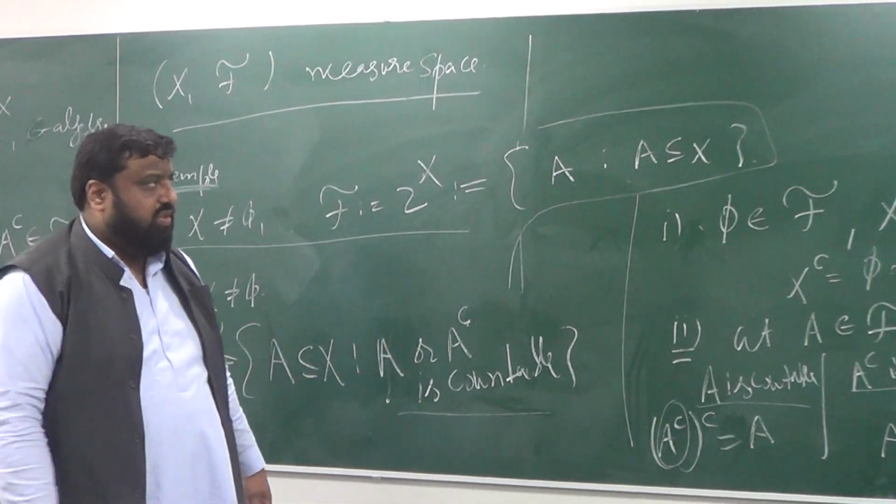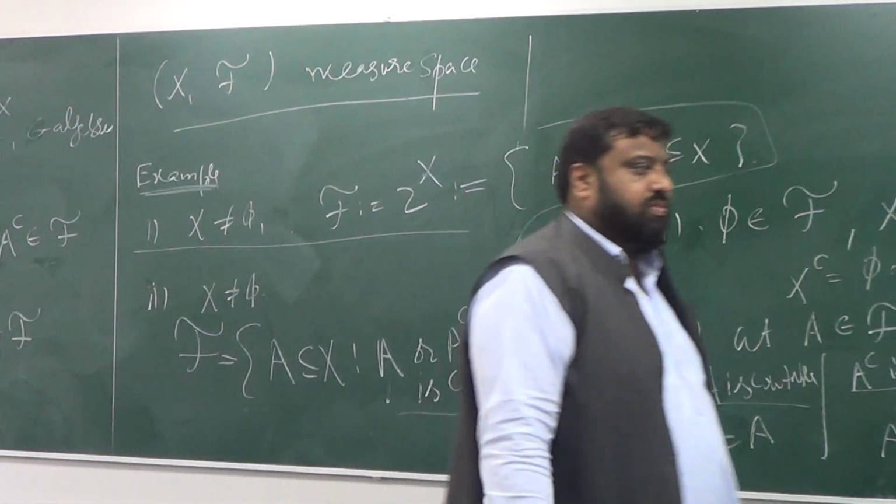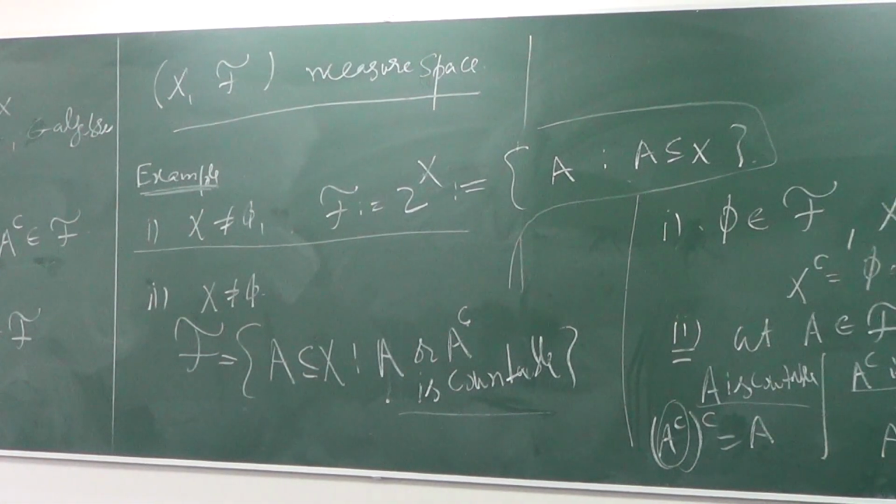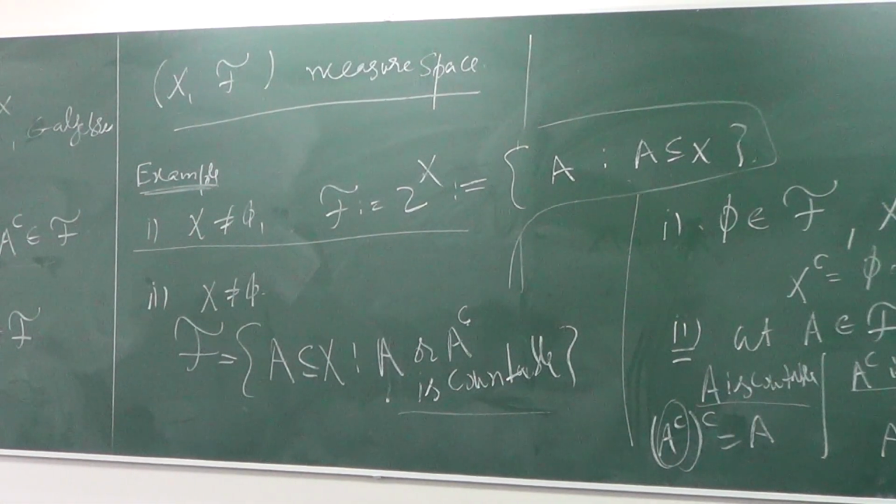Sir, I have a confusion. When we defined measure last time, we defined a function mu from X to the set of positive real numbers including 0. Here we just have an ordered pair containing X and F, a sigma-algebra structure, so we are calling it measurable space. Yes.